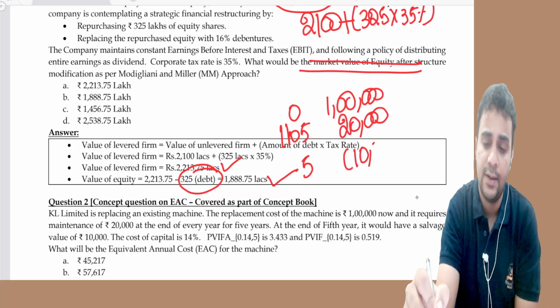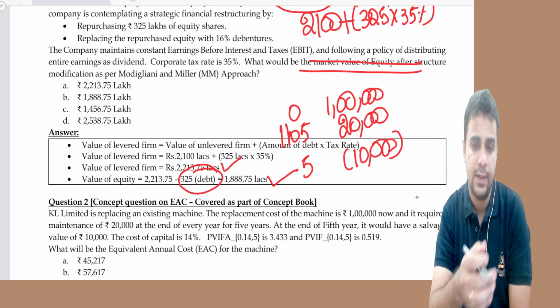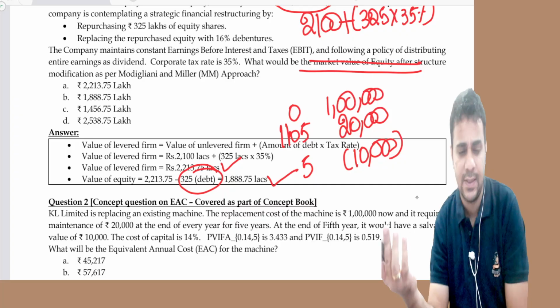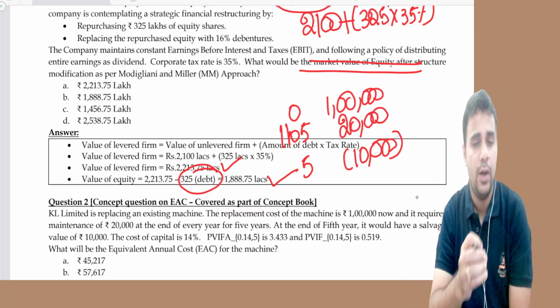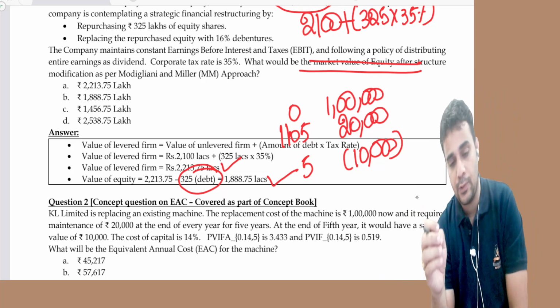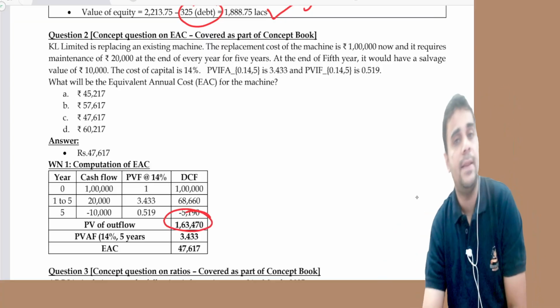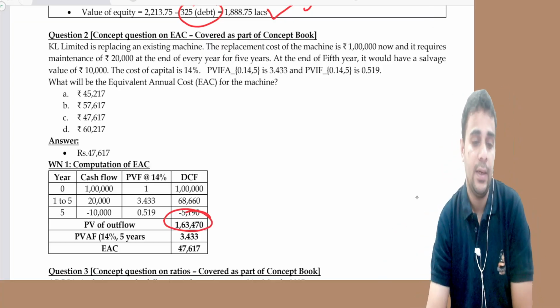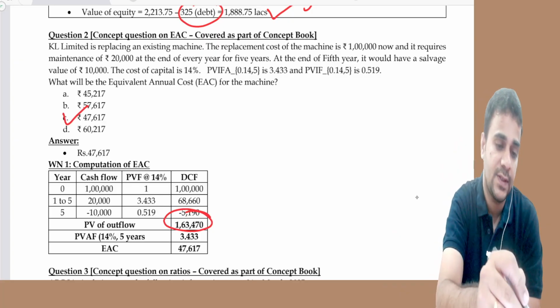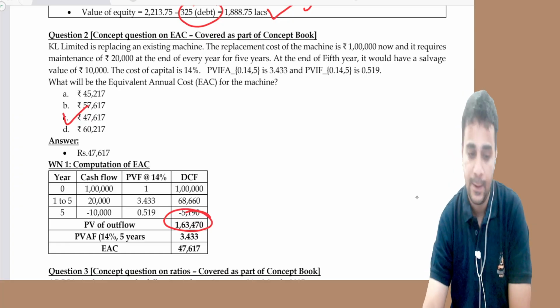I'll write the inflow as negative to reduce the outflow value, or you can write outflow as negative and the total can be negative. It doesn't really matter. Year 0, 1 lakh, 1 to 5, 20,000, and salvage value is an inflow, negative 10,000. This will give me the PV of outflow, divide by the annuity factor, and you'll get the EAC 47,617. Again, a question which is easy to secure marks, I felt.